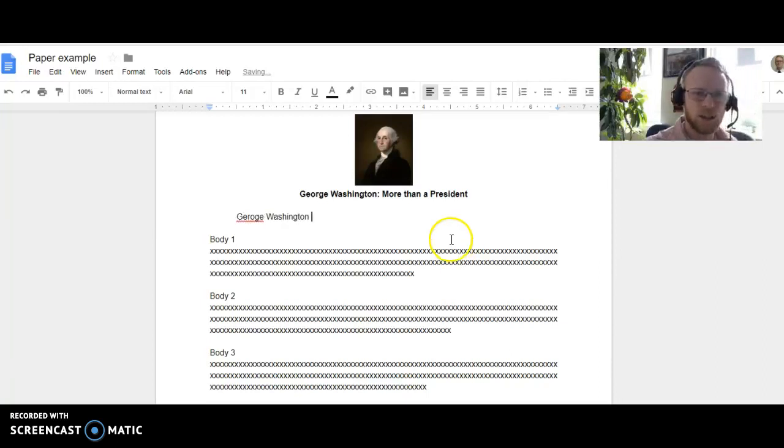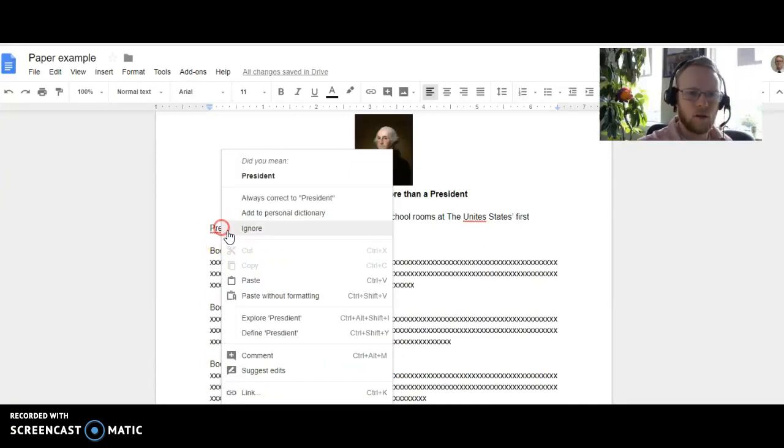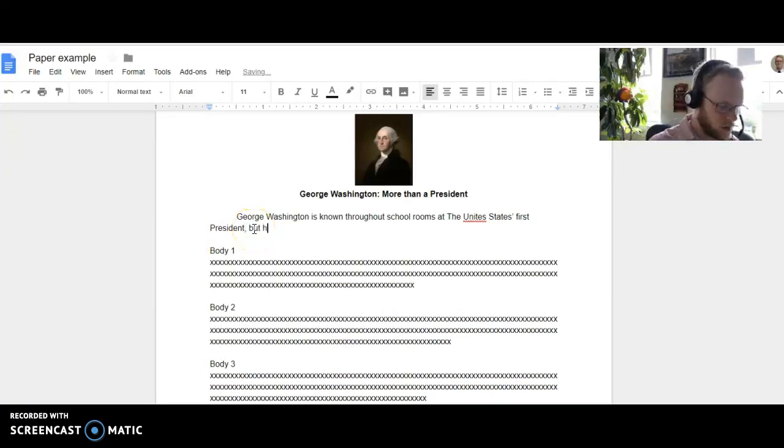Let's say, George Washington is known throughout schoolrooms as the United States' first president, but he was so much more than that.